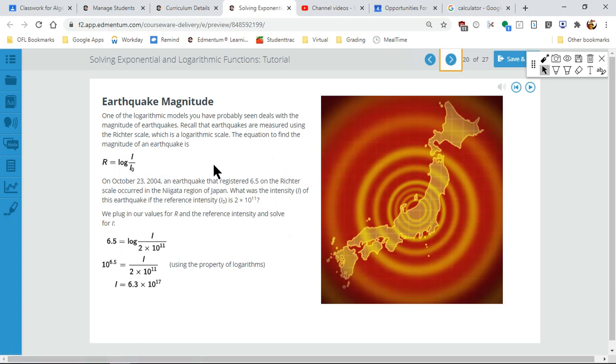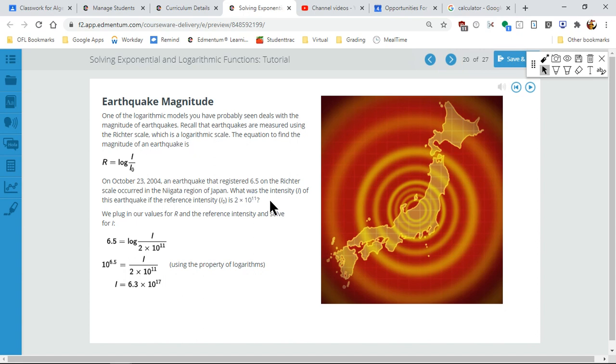All right, and now we're going to do earthquakes. So we're doing an earthquake of Japan. Remember that earthquakes are calculated by the Richter scale, log of whatever the initial earthquake we can feel is. This one, they're comparing the earthquake to another earthquake.